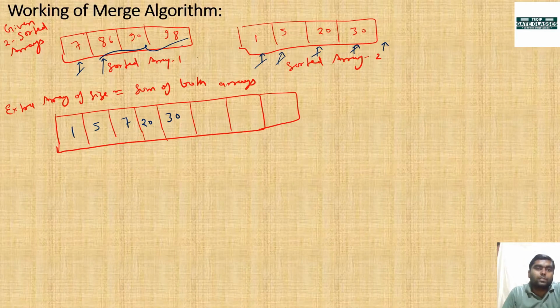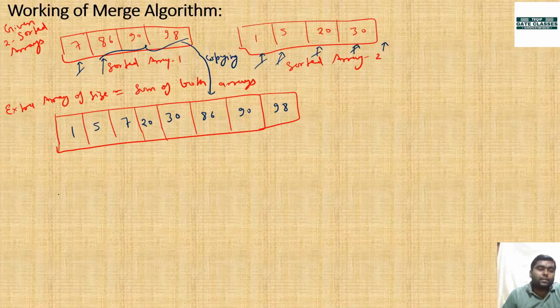Copying. So what will be the resultant? Resultant will be 86 and 90. So it is very much evident that we are taking extra space in terms of an array.